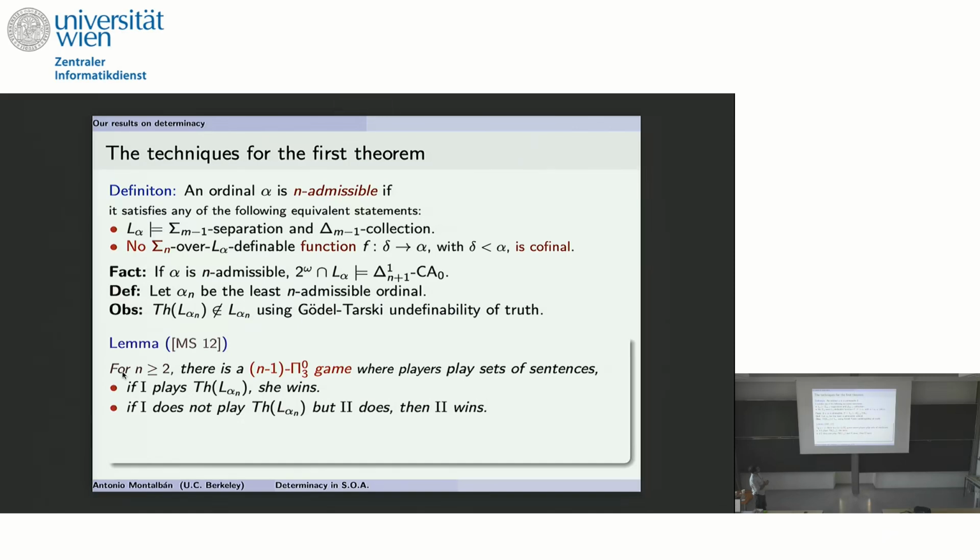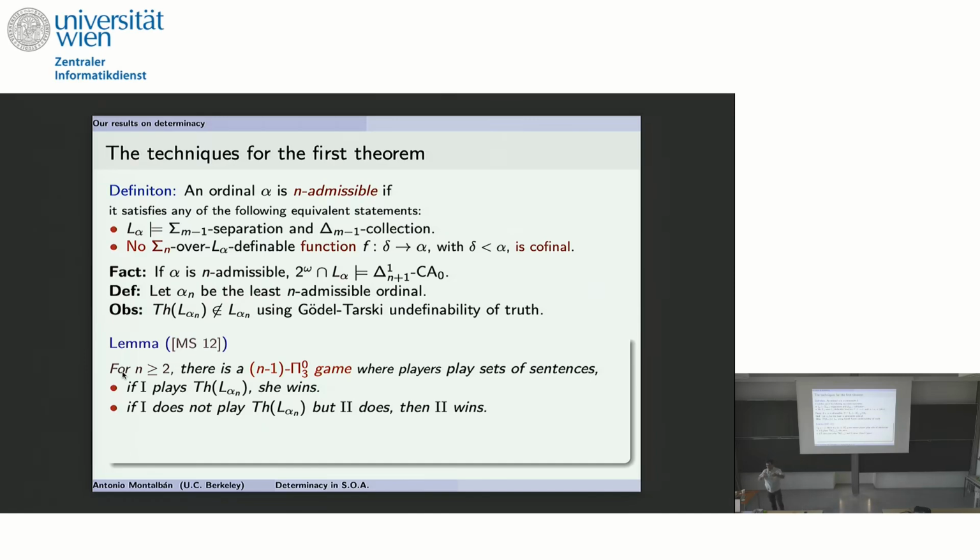So it's a real that doesn't belong to L alpha n. And what we need to do is to devise, I'm shifting the n by 1, so I can use alpha n here, an n minus 1 pi 3 game where the players play sets of sentences.